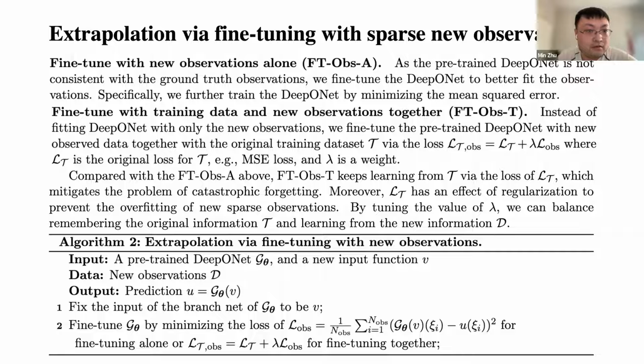By tuning the value of lambda, we can balance remembering original information and learning from the new information.